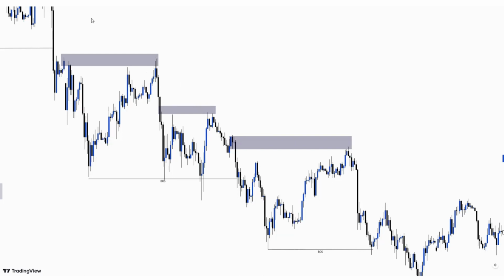Then we have these small pullbacks here. You see, now if you look at the price, it took out this point here, then it went all the way on this one, then this way we had our sales. This one didn't really take it out. If you probably had a sell here, the price is just going to come and take you out, or take you out on break even, and go to a direction.